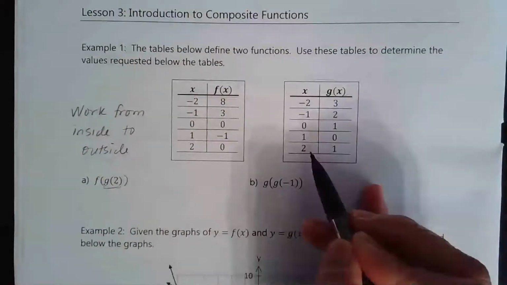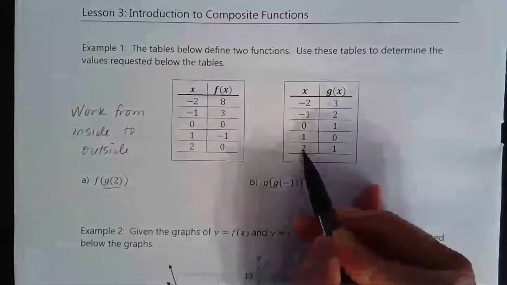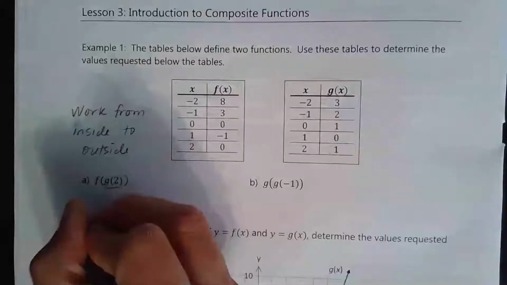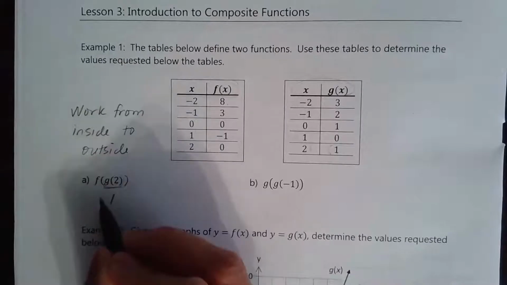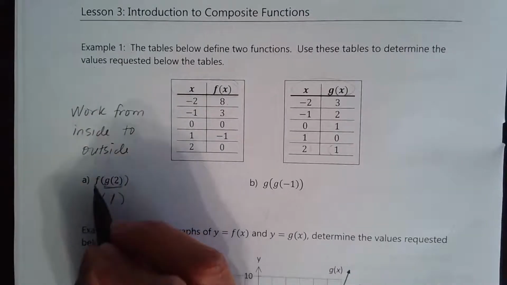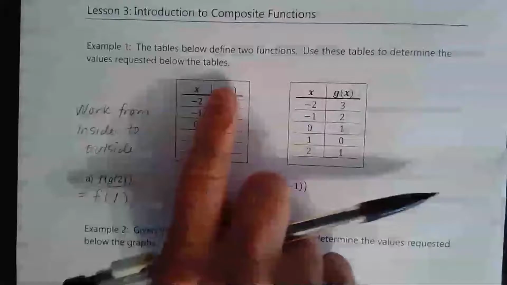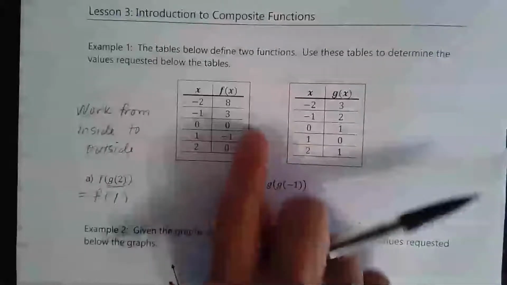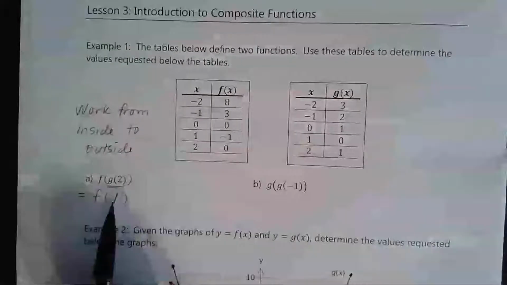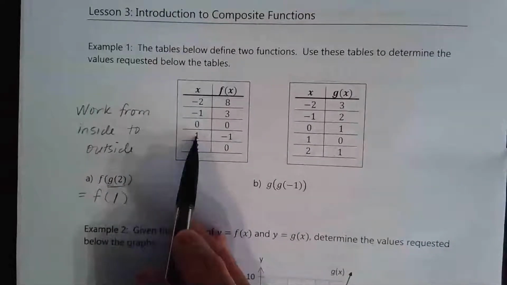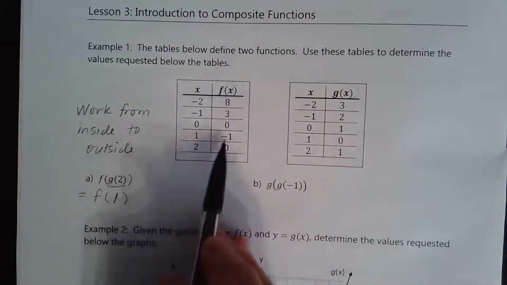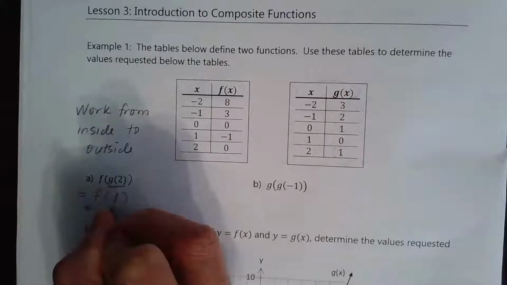When x is 2, g of 2 is 1. So let's write that down: f of 1. Looking at the f function, when x is 1, f of 1 is negative 1.